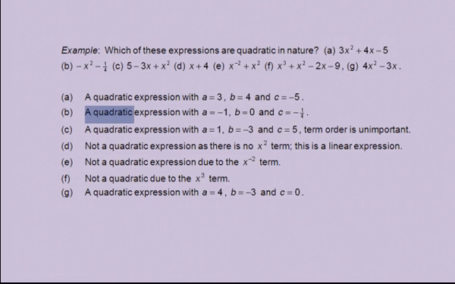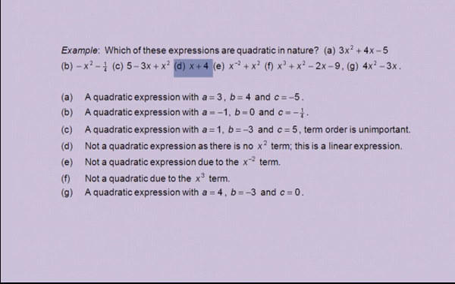This is also a quadratic expression with a equals minus 1, b equals 0 and c equals minus a quarter. C. 5 minus 3x plus x squared. This is also a quadratic expression with a equals 1, b equals minus 3 and c equals 5. The term order is unimportant.